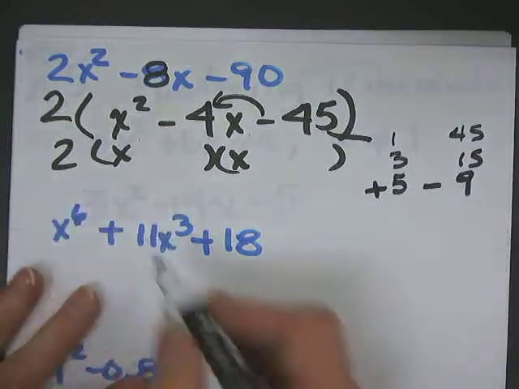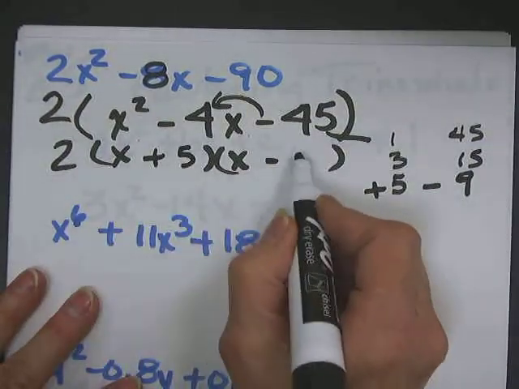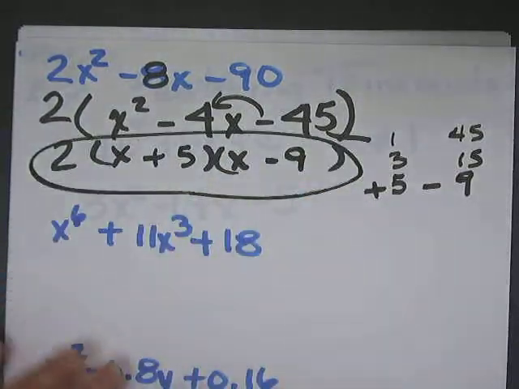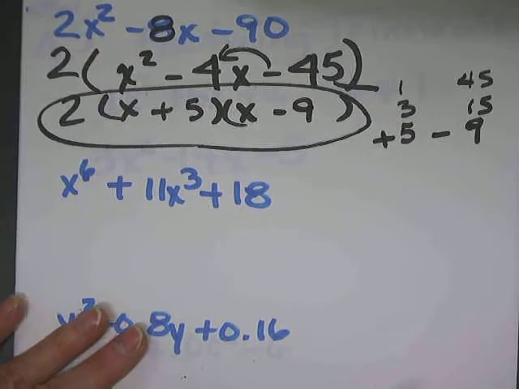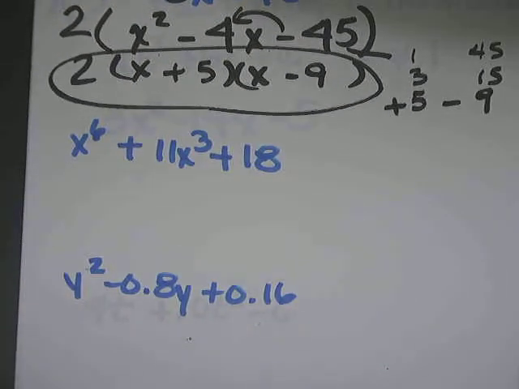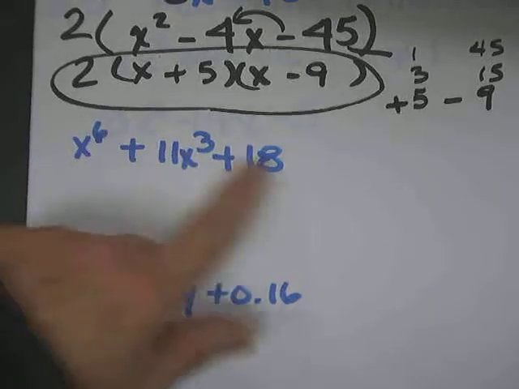Negative. Agree? I forgot the negative. I wasn't looking at the negative. Yeah, negative in front of the bigger one. So you have plus 5 minus 9. Can't keep factoring, so you're done.